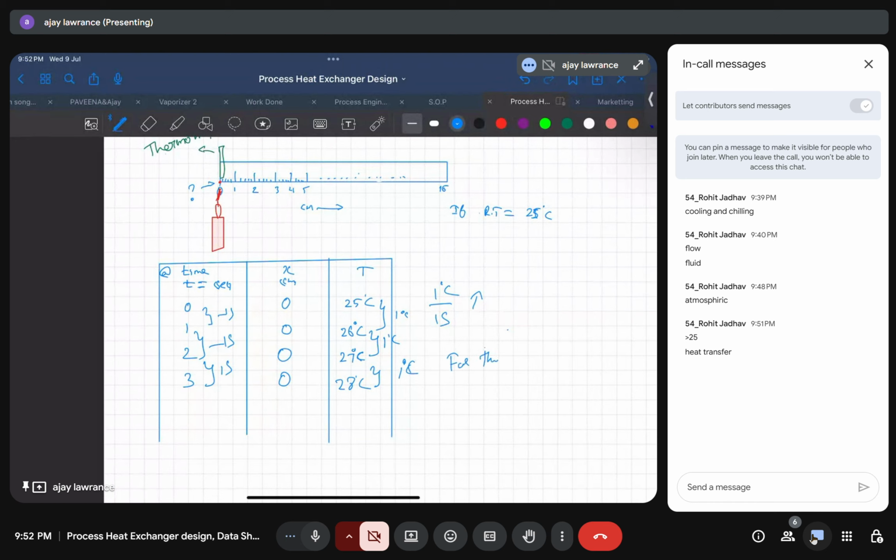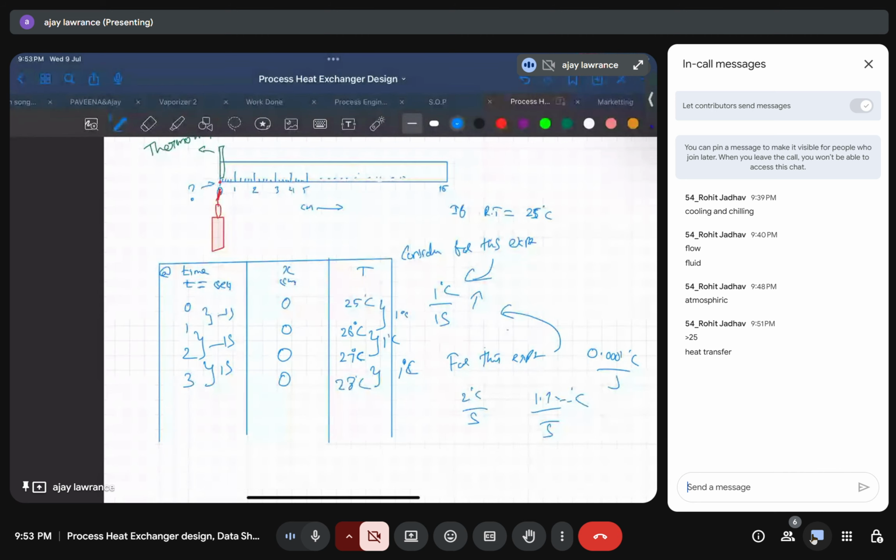For this experiment, it might be 2 degrees per second, or 1.7 something degrees Celsius per second, or even 0.0001 degrees Celsius per second. But consider that for this experiment, it is coming as 1 degree per second.